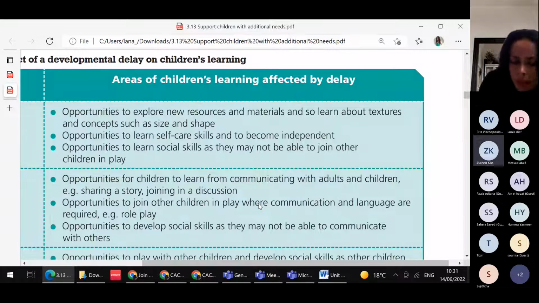First of all, he would have fewer opportunities to explore new resources, new things. Yes. Also, the opportunities to learn self-care, because this child will be dependent on a carer.